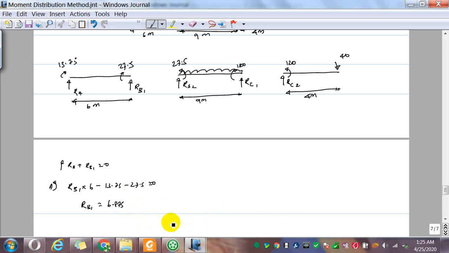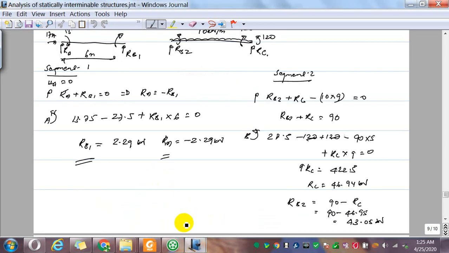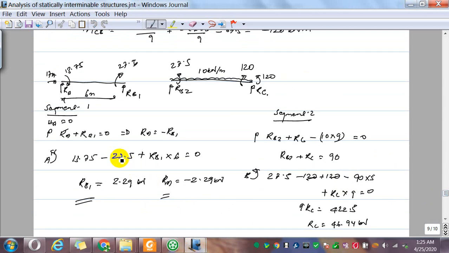Okay, so 6 point, I don't know why we got it wrong. Here we made some mistake. It seems here it should be minus. Okay, so there's a mistake here.